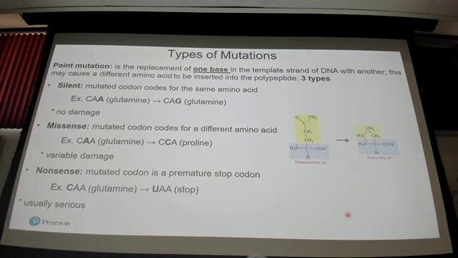So, can somebody tell me what type of amino acid glutamine is, based on the functional group? Polar neutral? All right. What about polar? Say again. Non-polar. Non-polar. Great, you guys are correct.